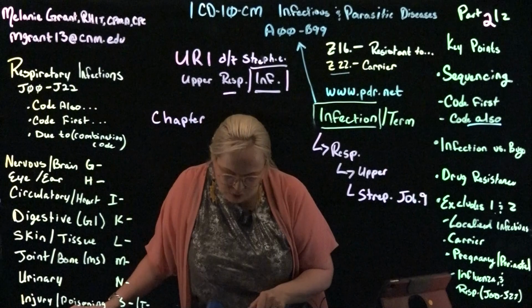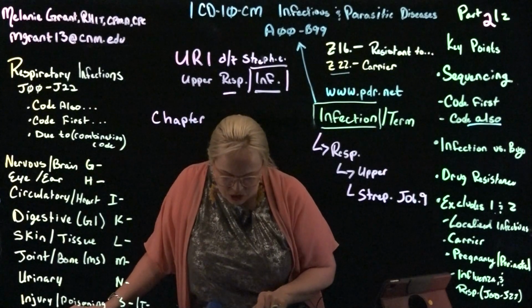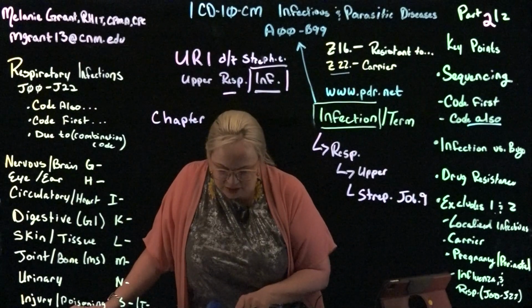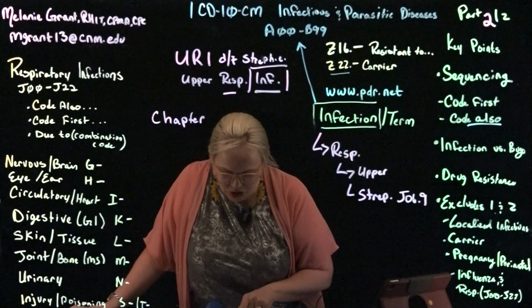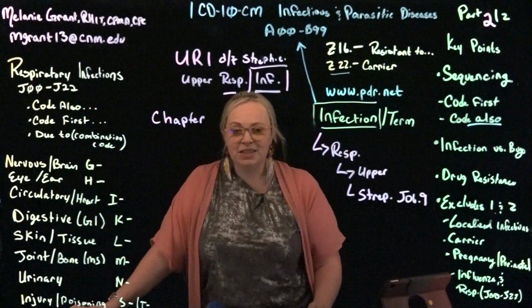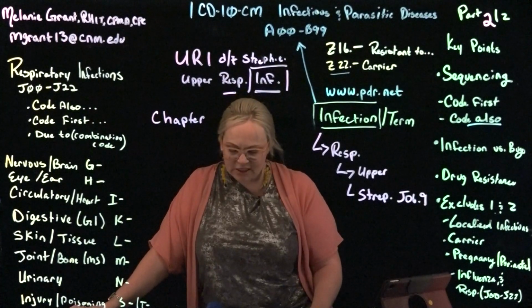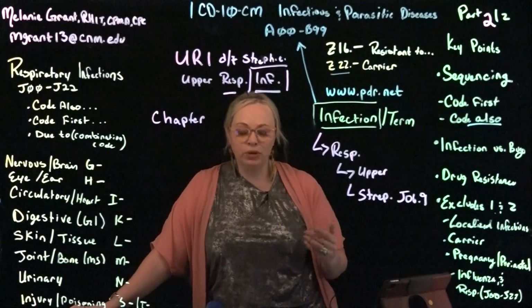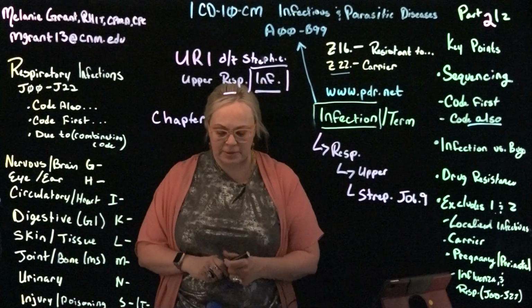There's also references for perinatal and pregnant patients, endocrines, injuries, poisonings, neoplasms, smoke issues, and signs and symptoms related to laboratory findings. So all of that's important to look at because we want to look at all of our chapter notes.